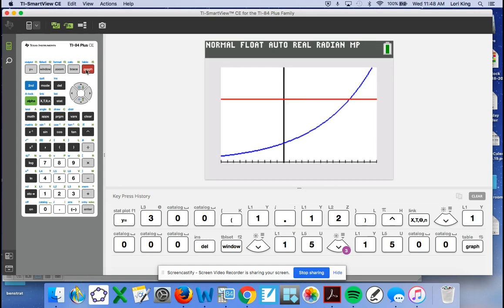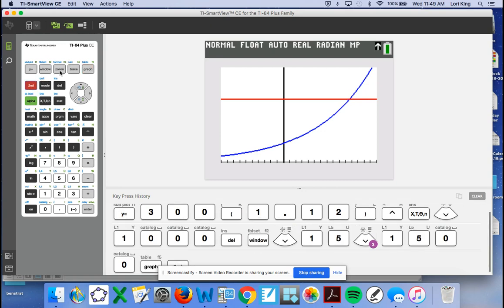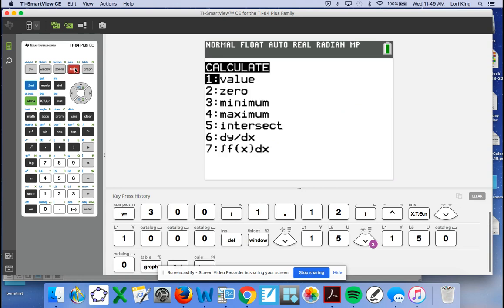There's my exponential function, which is in blue, and my linear function, which is in red. And I'm looking for this point of intersection of my two functions. So now I'm going to go back to my calculator's trace, but I'm going to hit second and then trace, and it will take me to the calculate screen. And I am looking for the intersection.